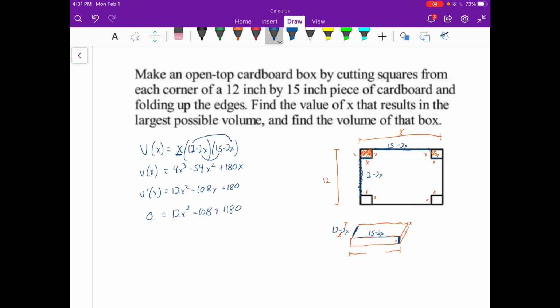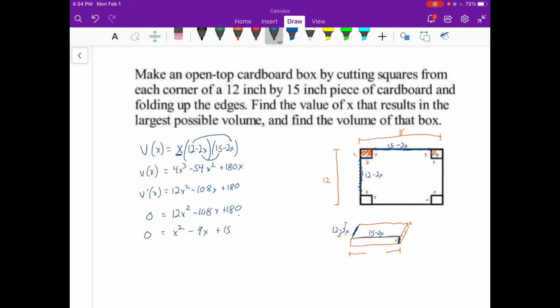Looks like we can divide everything by 12. So divide both sides by 12. We still have 0. We have x squared, minus 9x plus 15. It doesn't look like this can factor, so we would have to use the quadratic formula.